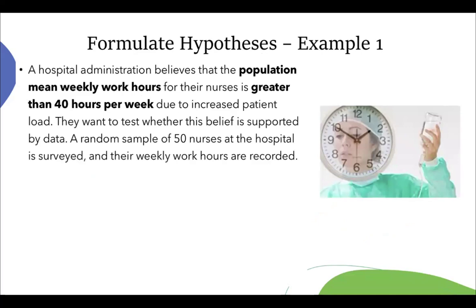So let's be given a scenario first. A hospital administration believes that the population mean weekly work hours for their nurses is greater than 40 hours per week due to increased patient load. They want to test whether this belief is supported by data. A random sample of 50 nurses at the hospital is surveyed, and their weekly work hours are recorded.